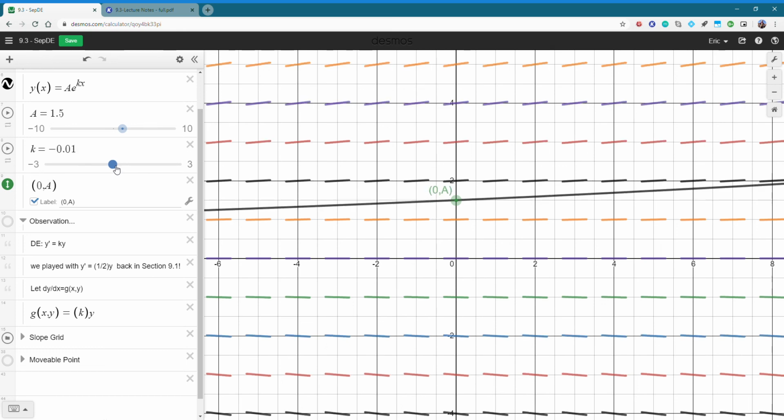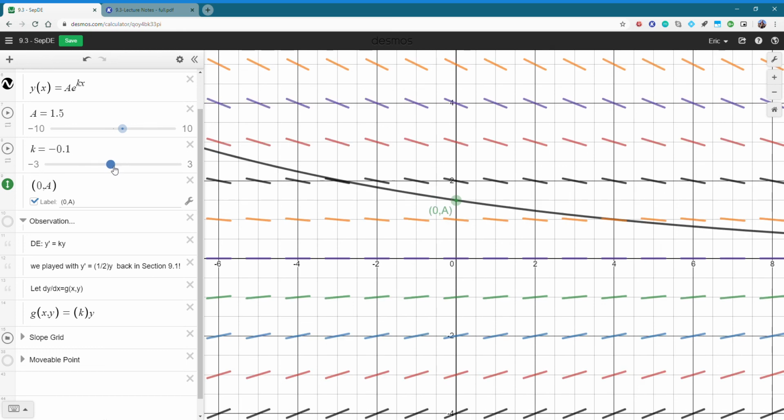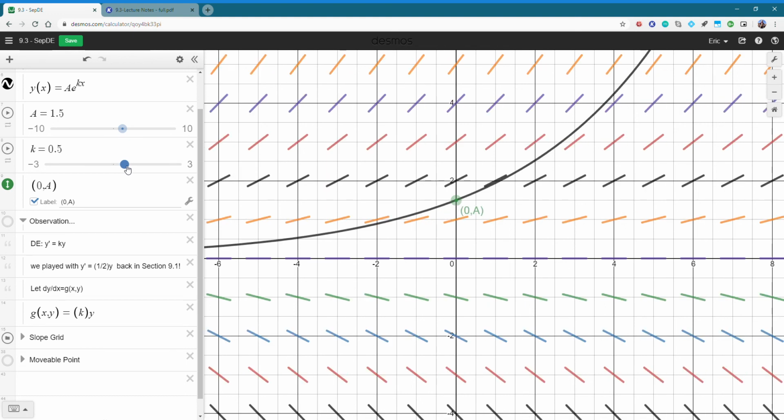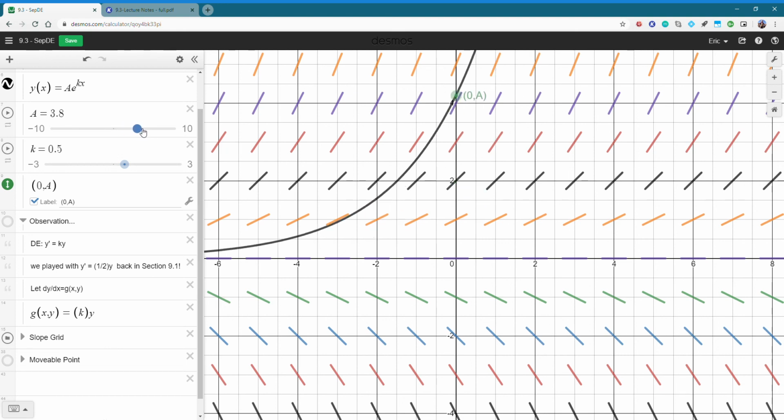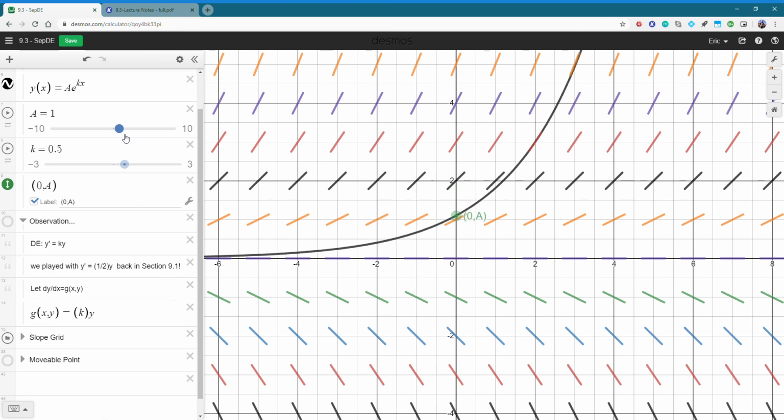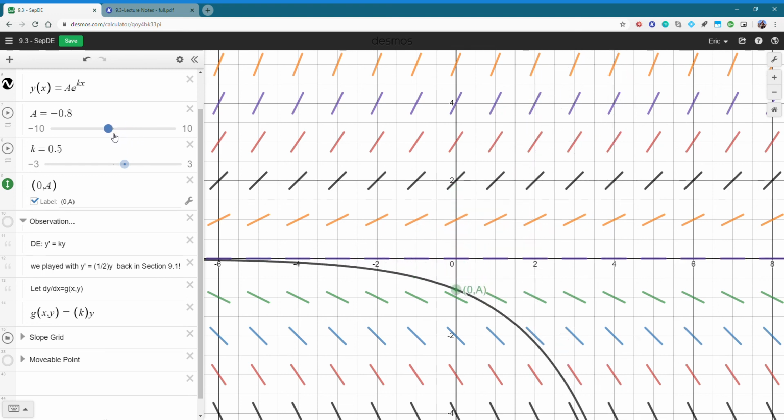Ooh, that's pretty mellow. Too close to 0. There we go, moving through the direction field perfectly. And that still holds true if we move our initial population. Physically, it doesn't really make sense to have a negative initial population, but mathematically, it's all good.